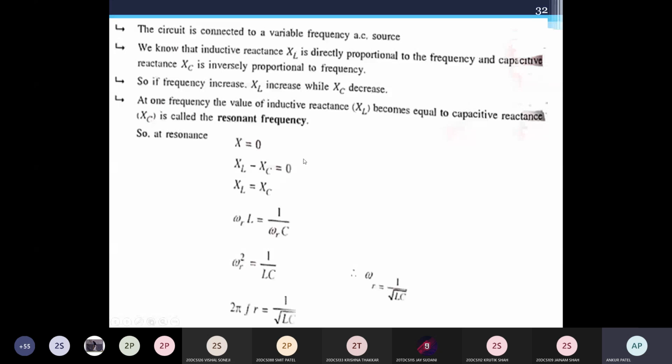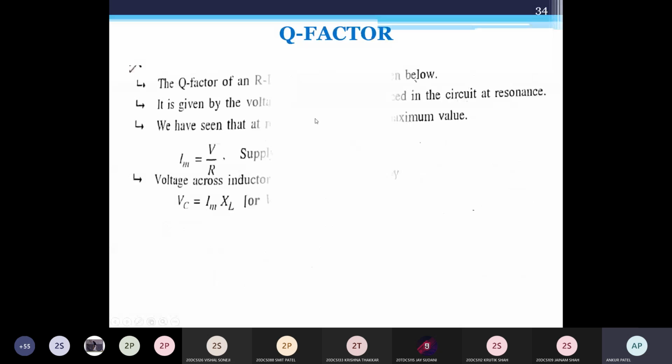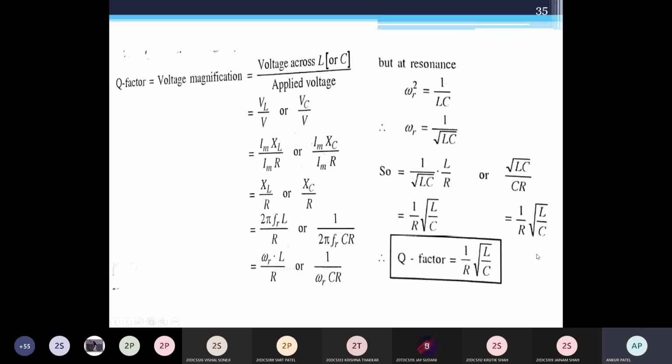Then start the derivation for finding the resonant frequency. After that, you also need to add the impedance and current in the resonance condition, what will happen. Then find the Q factor, and get the equation 1 upon R under root L by C. This will be asked for 5 to 7 marks in examinations.